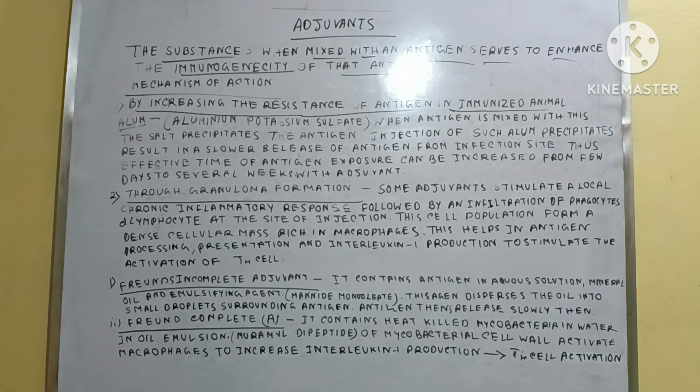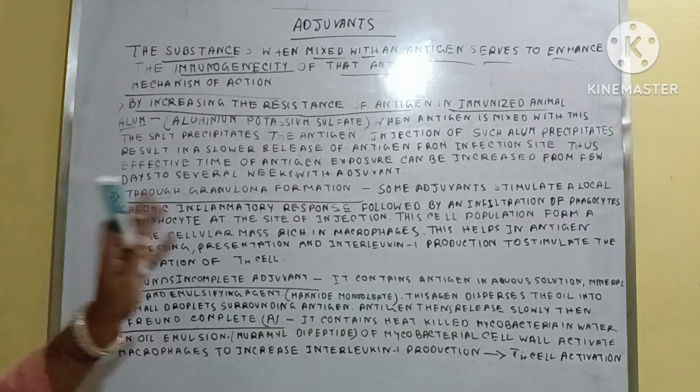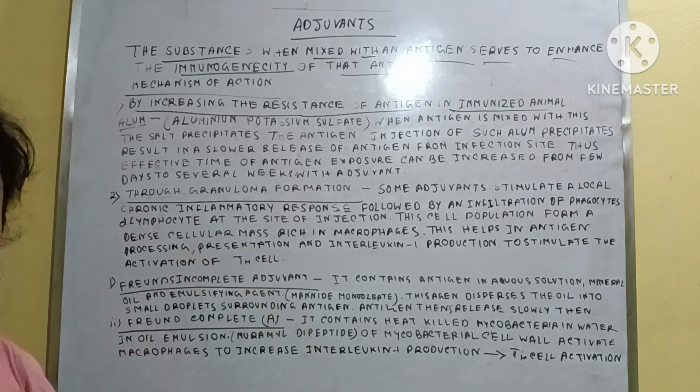So, two types of mechanism of action are seen. One is by increasing the persistence of the antigen in the immunized animal, and the second is through granuloma formation. First, I want to say that this is generally done in vaccination.